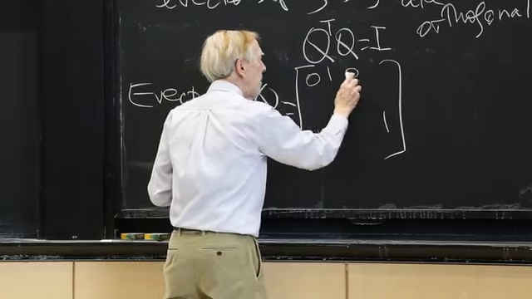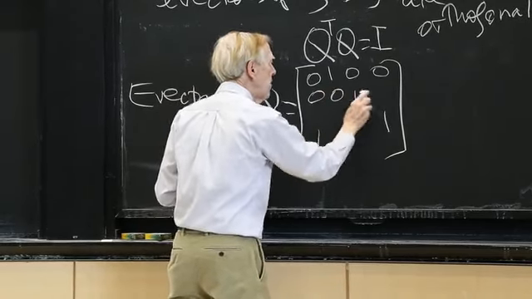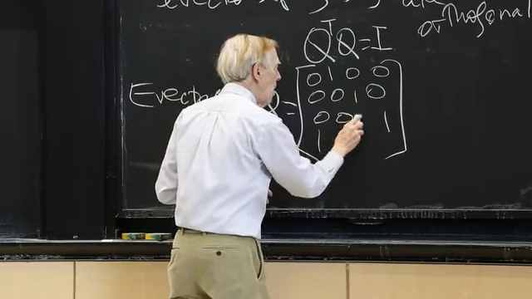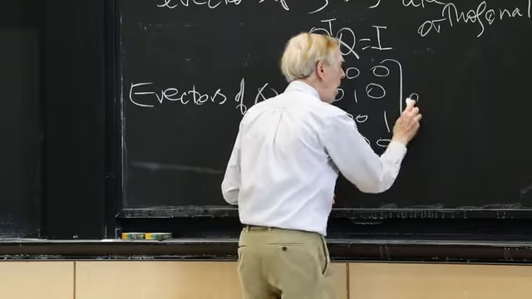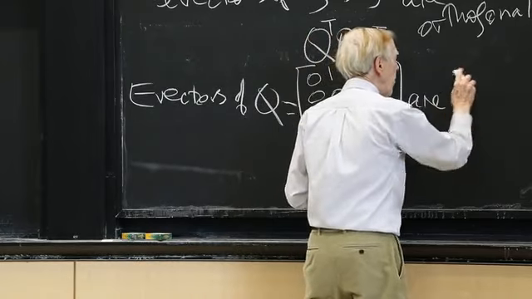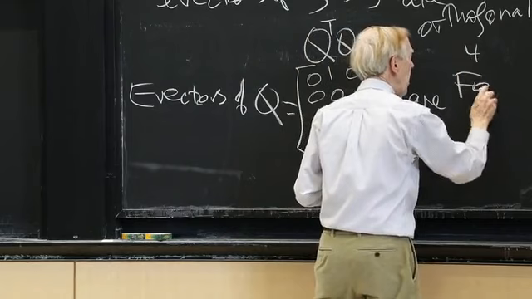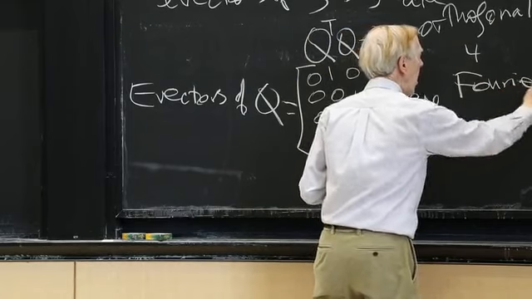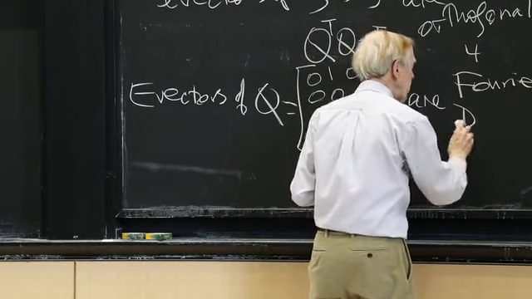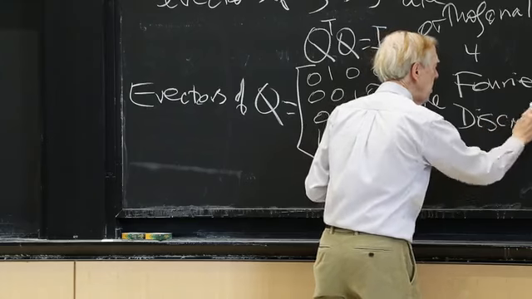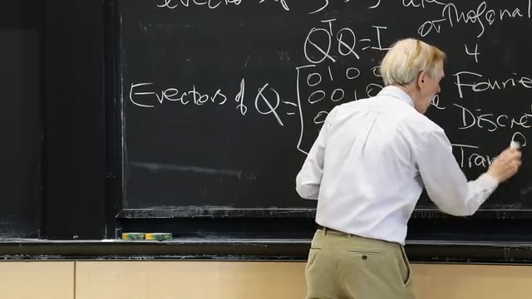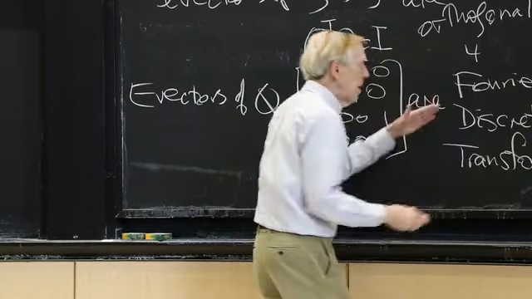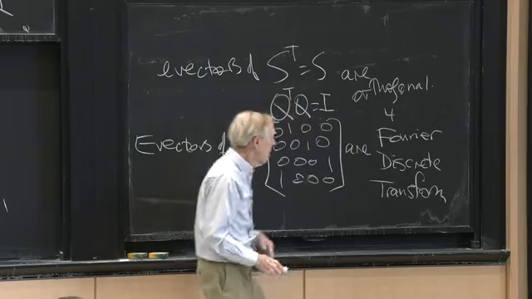It's called a permutation matrix. Those are the four Fourier, let me put the word discrete up here, transform. So I really meant to put discrete Fourier transform.